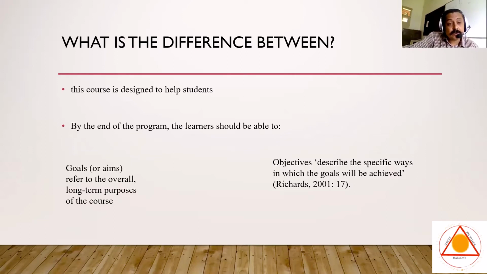So you will write the objective like this: by the end of my first session, the learner should be able to introduce themselves, right? So your activities would be designed according to your objectives to meet your overall goal.